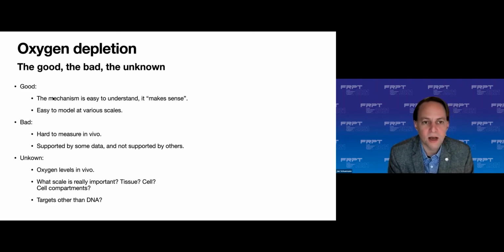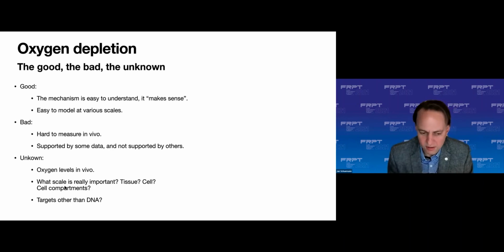There are also a couple of unknown factors. We don't really know, as I said, the oxygen levels in vivo, especially across tissues at sub-voxel level resolution. Also, the question is, what scale is really important? Is it the tissue scale, the cell scale, or do we need to go down to the subcellular compartments?